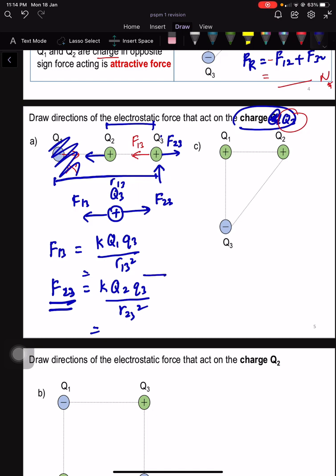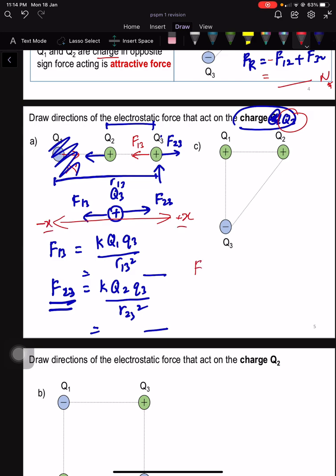When you get the values, you can find the resultant, because F13 and F23 are laid down on the same axis, positive x and negative x, which means both are x components.